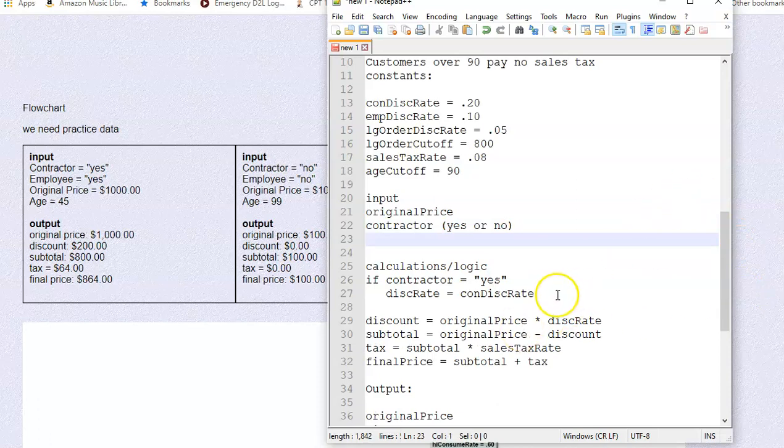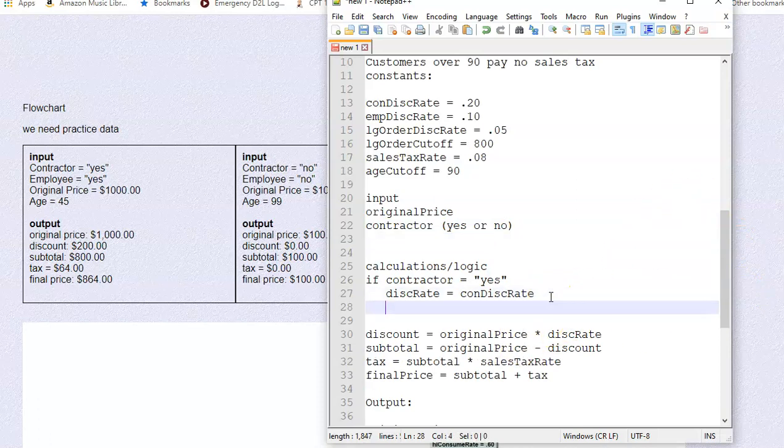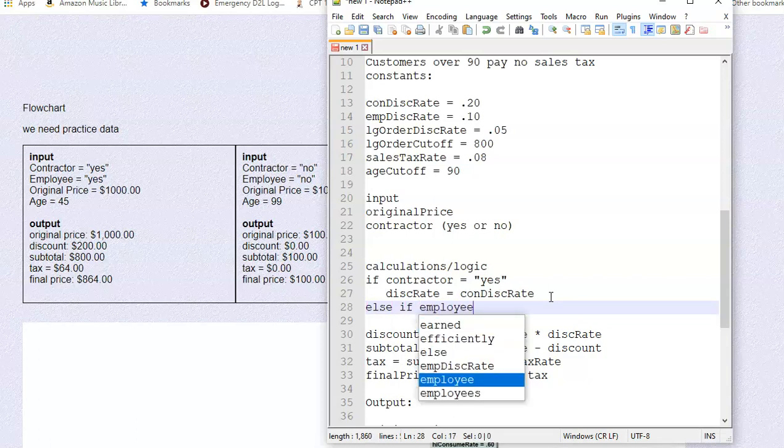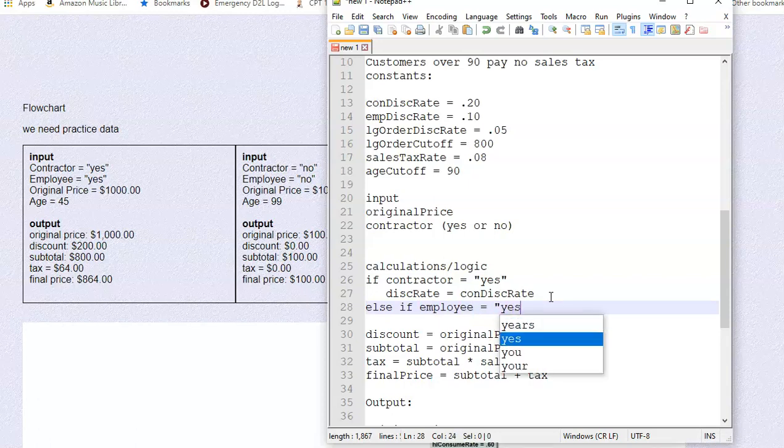What happens if they're not a contractor? So now we're going to be using that else if to nest this. So we only see if they are an employee if they said no to contractor.